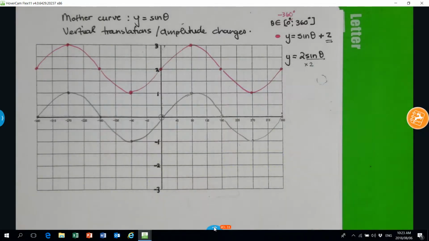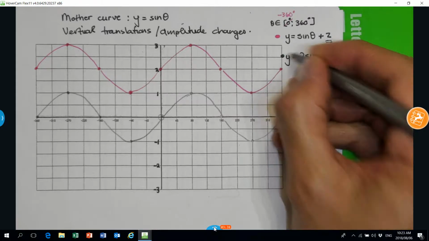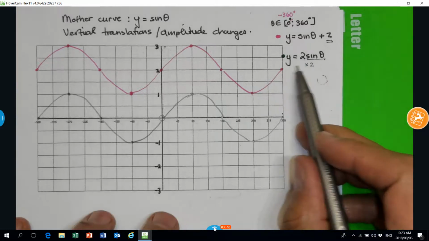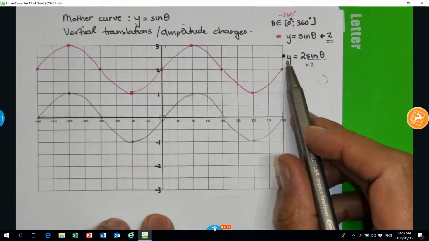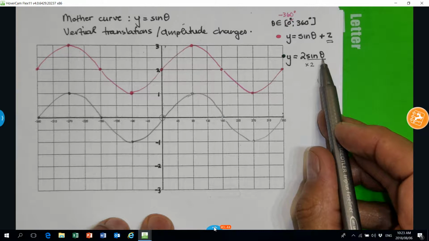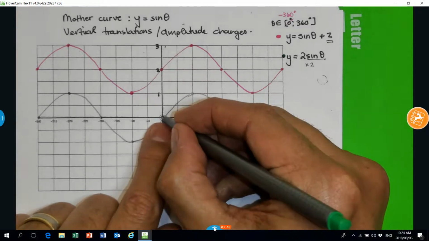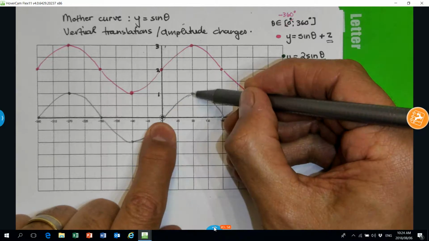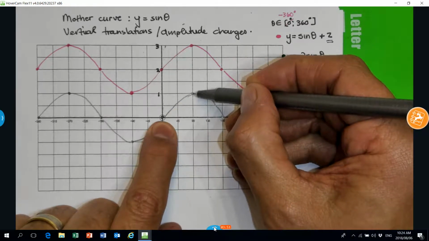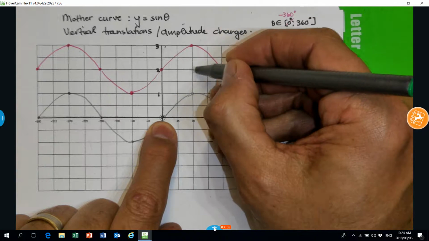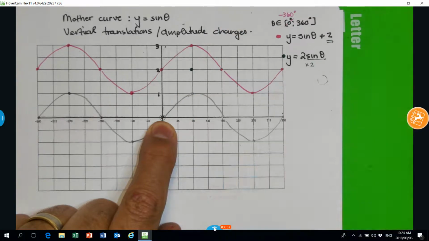Now let's go back to the mother curve and let's sketch the second curve, which I'm going to do in green. What does the equation tell us to do? It says, look at all the y values and double them from the mother curve. The y value is naught here. If I double naught, it stays naught. The y value is 1 here. If I double 1, 1 times 2 gives me 2 over there.